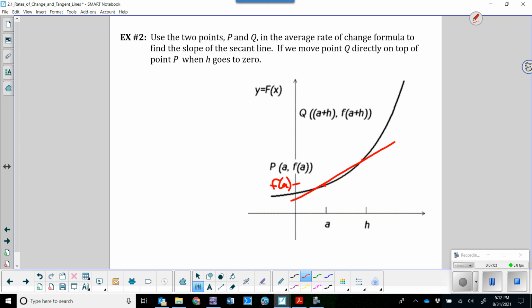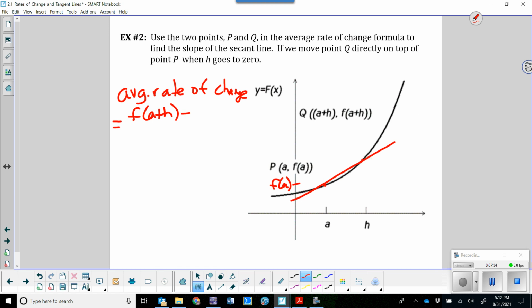Well, what we're going to do then is say, okay, what would the slope be? So the average rate of change between those 2 points would be f of a plus h, because that's the second point, and the x value is a plus h, so the y is f of a plus h.